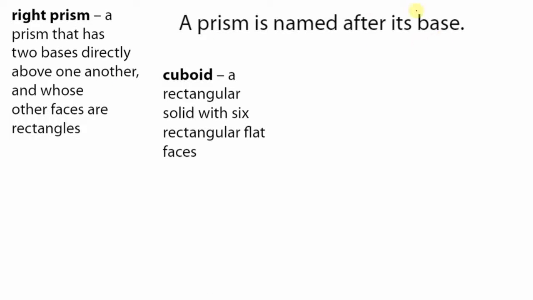Now a prism is named after its base. In the previous slide we saw we had a triangular prism and then we had a prism with right angles as bases. So now a cuboid is a rectangular solid with 6 rectangular flat faces. So the base we know is the top and the bottom.